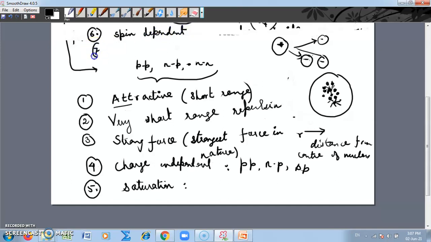And then it also has exchange nature, so it's called exchange force, which we'll learn in our next class. And we have the non-central force. It's also called a non-central force, not a central force. So let me stop here.